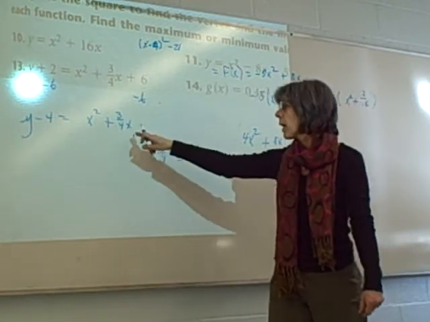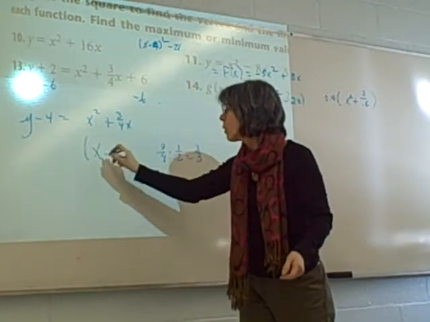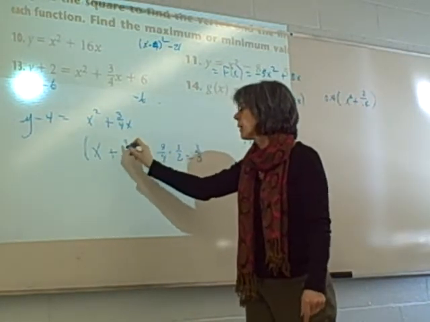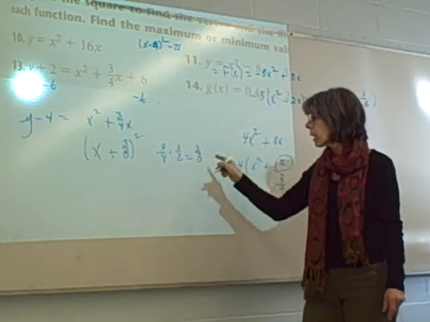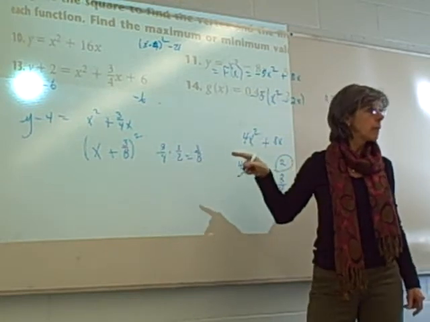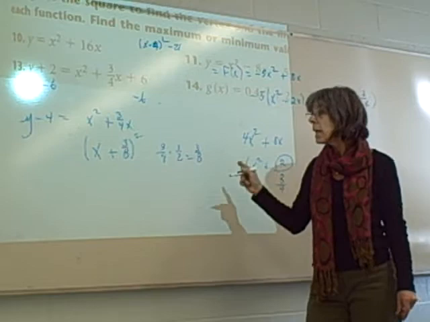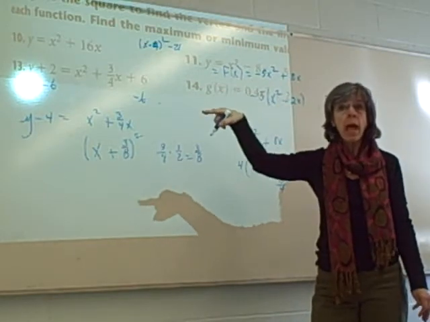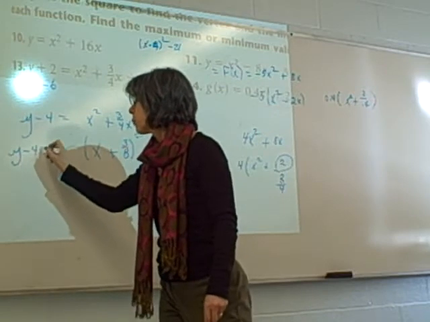So I know that it's going to be x plus 3/8 squared. So what happens when I square 3/8? 3/8 times 3/8 is going to be 9/64. So what do I have to add on the other side? 9/64. Y minus 4 plus 9/64.